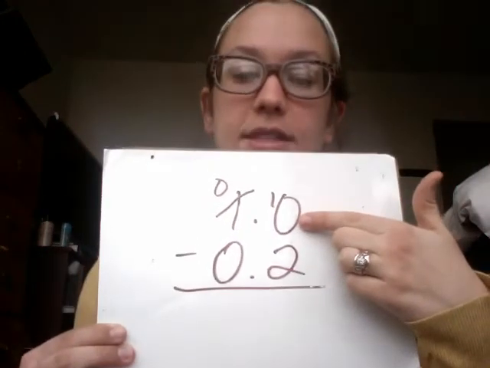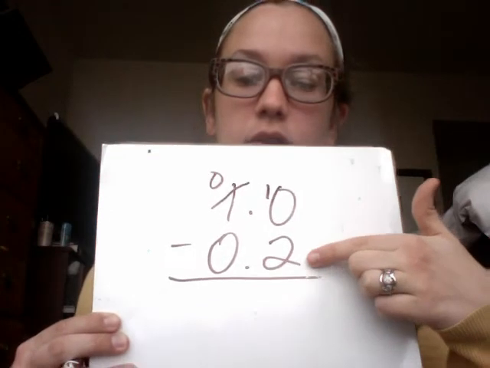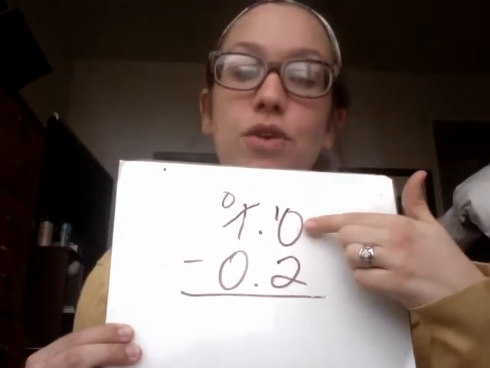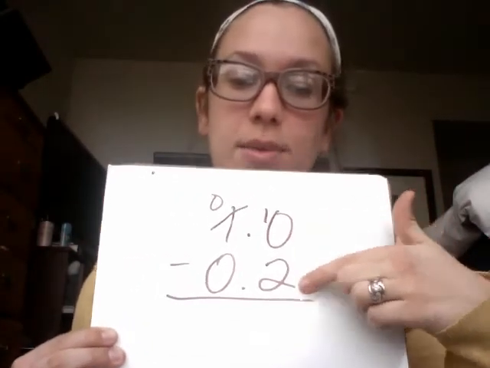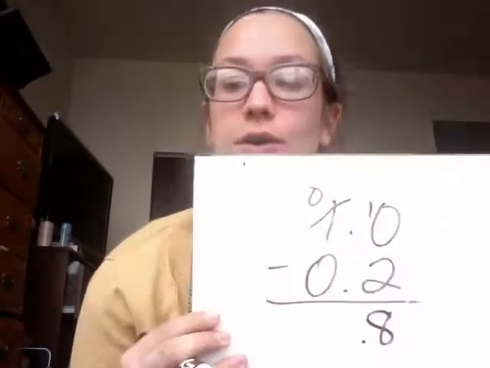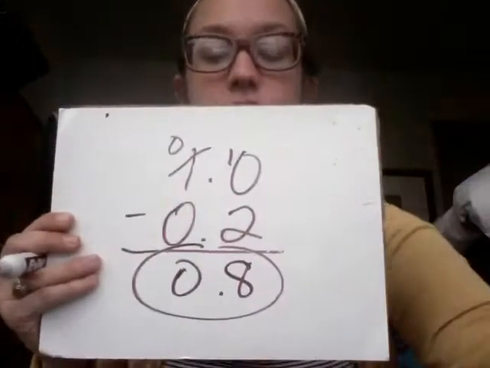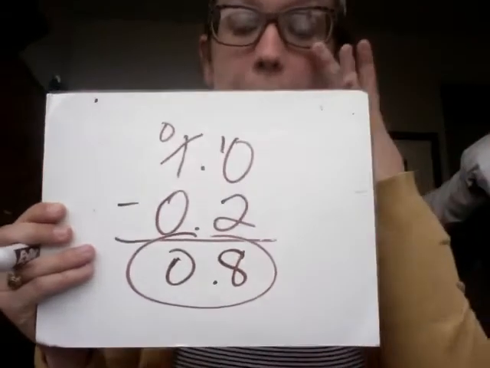And now we'll subtract 2 tenths from 10 tenths. What is 10 minus 2? It is 8. And now here we have 0 minus 0, which is 0. That gives us the same answer that we got earlier. Makes sense, right?